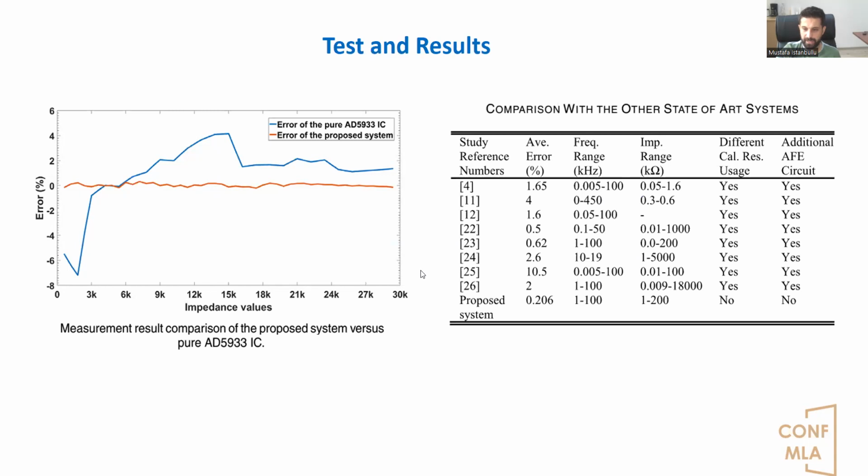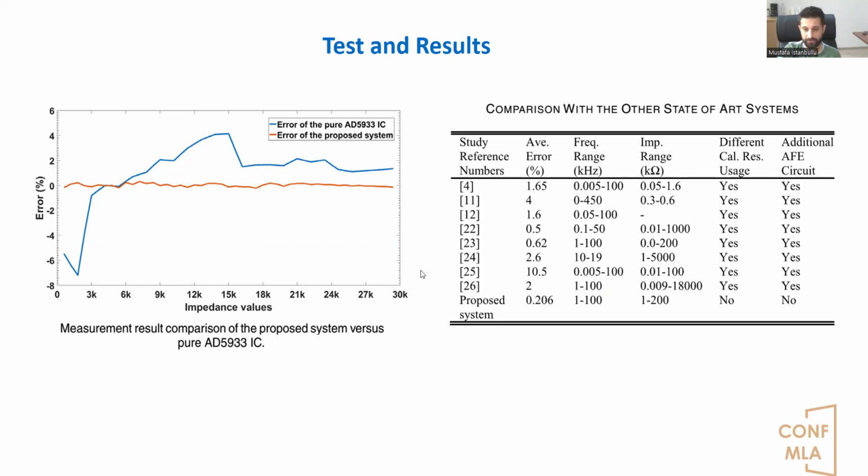Additionally, measurement accuracies of the system and pure AD5933 chip-based measurement system are also compared. 10 kilo ohm fixed calibration impedance is used during the comparison for both measurement systems. Although high accuracy measurements are obtained around 10 kilo ohms, the measurement error of pure AD5933 chip-based system increased up to 7% with respect to the correct impedance values.